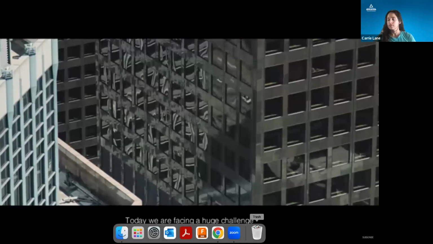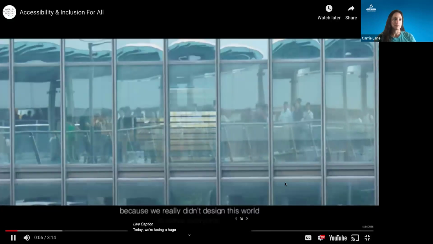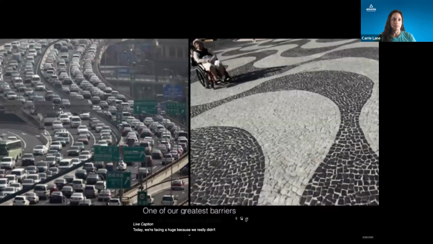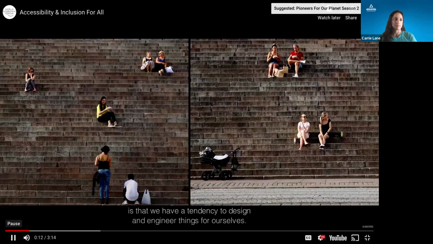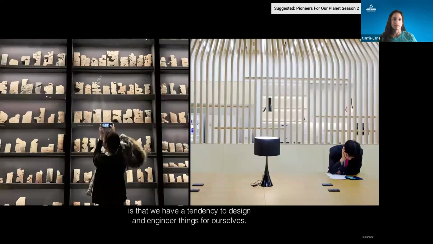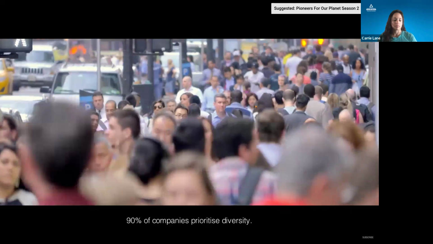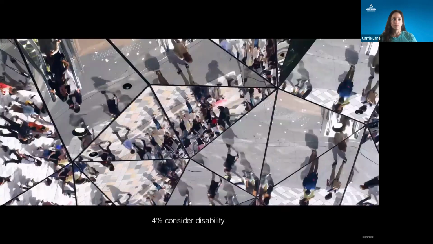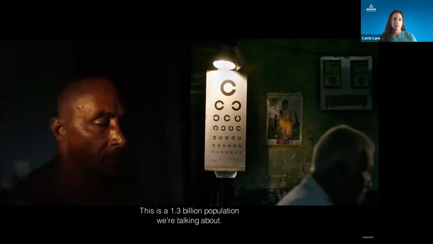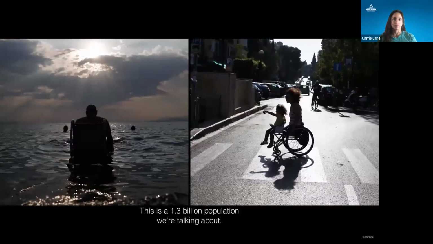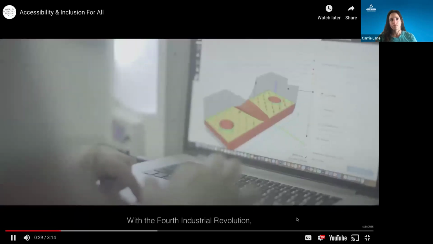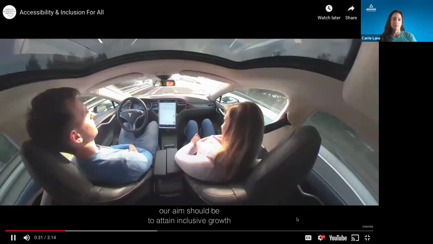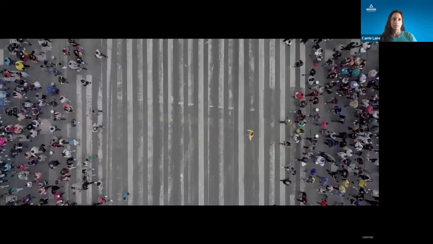Today, we're facing a huge challenge because we really didn't design this world to serve for everyone. One of our greatest barriers to making progress when it comes to being more inclusive is that we have a tendency to design and engineer things for ourselves. 90% of companies prioritize diversity, 4% consider disability. So 1.3 billion population we're talking about. It's a market that is not being tapped into. With the fourth industrial revolution, our aim should be to attain inclusive growth, which really benefits everyone.